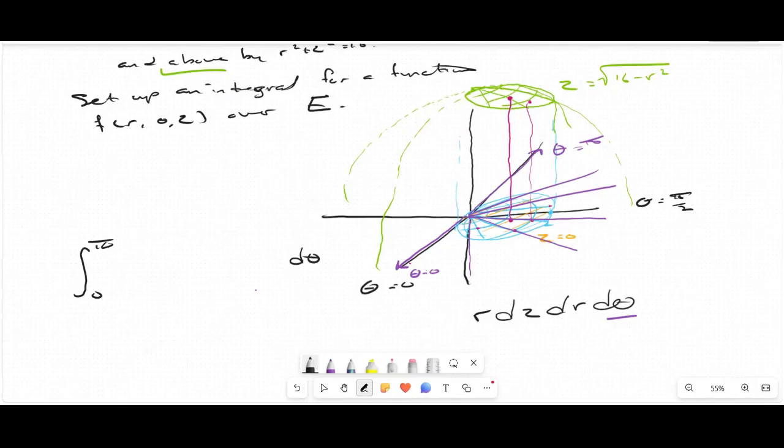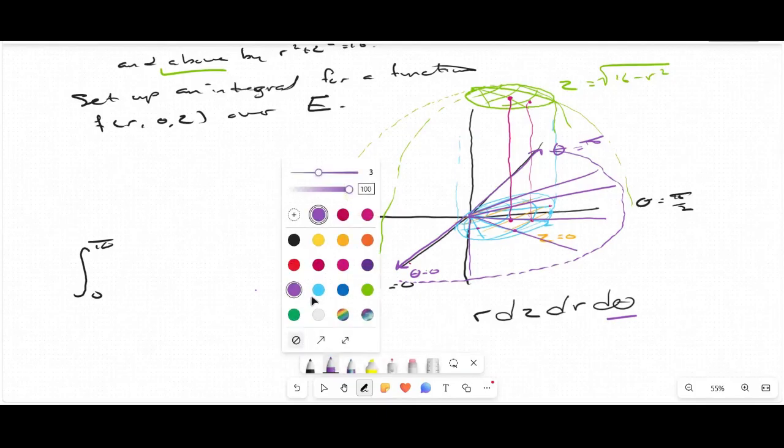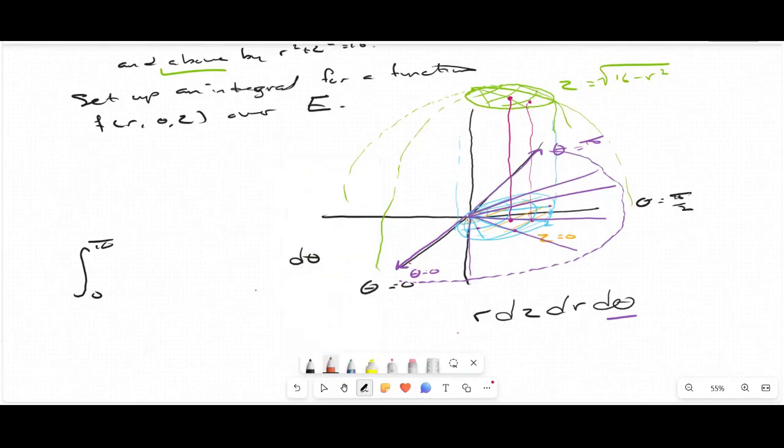And now, as theta takes this journey from 0 and makes its way all the way over to pi, my next condition is on R. Now let's imagine we're at some fixed theta. So maybe we're right here. This is our choice of theta here.